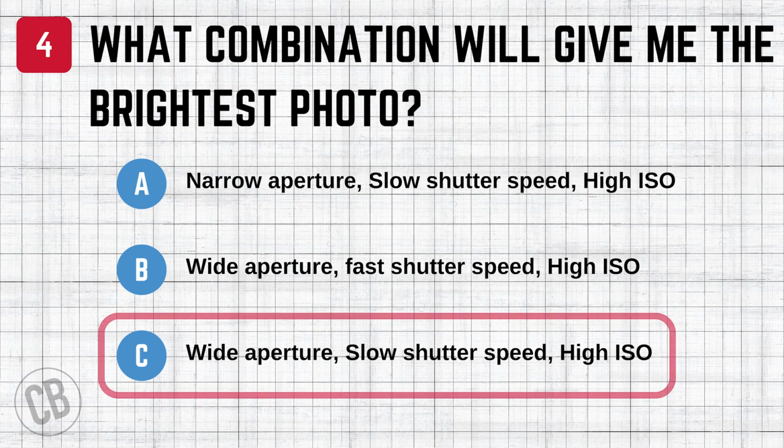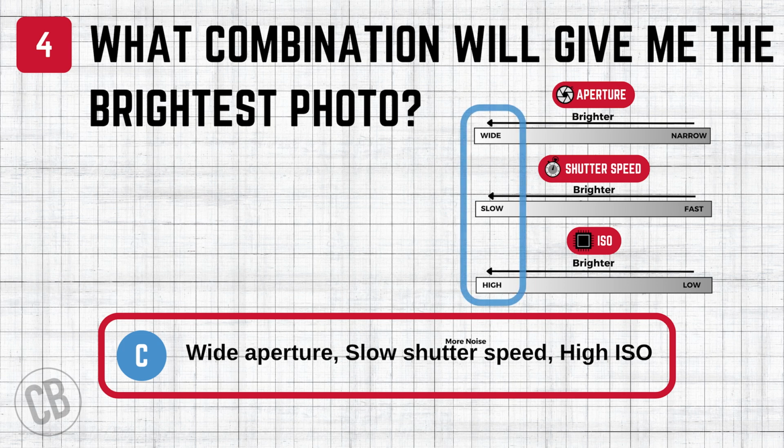The answer is C, a wide aperture, a slow shutter speed, and a high ISO. Remember that the wider the aperture, the brighter, the slower the shutter speed, the brighter, and the higher the ISO, the more sensitive to light, and therefore the brighter.